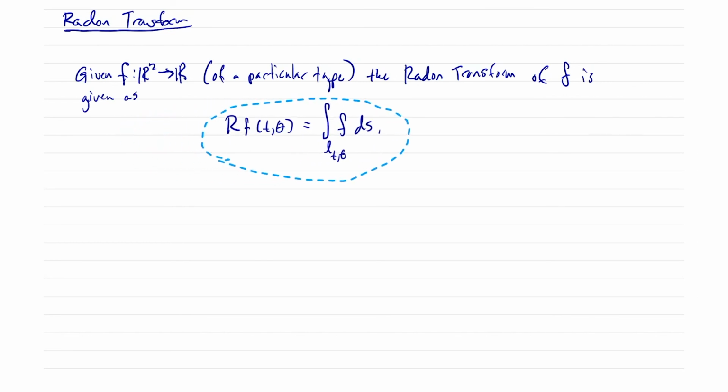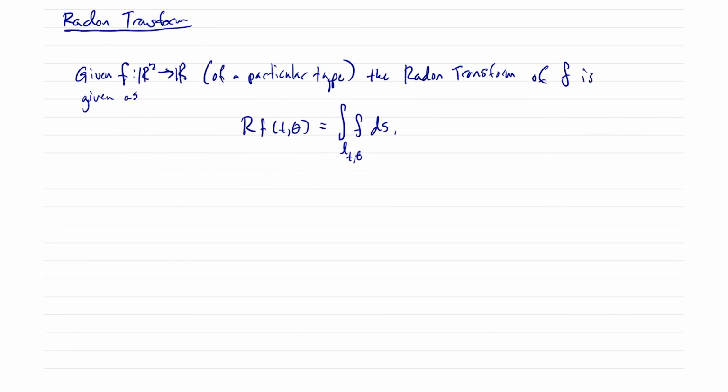So I guess just say definition, and we're going to assume that f decays fast enough, or is zero outside of a certain region, or assumptions like that, so that we can go ahead and talk about this.